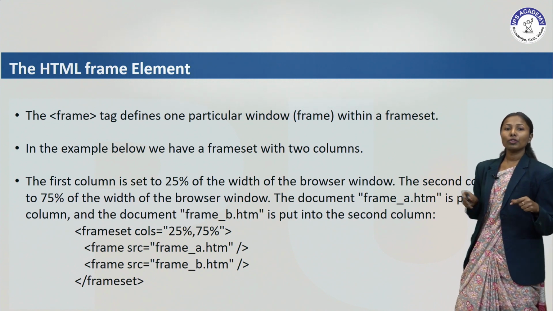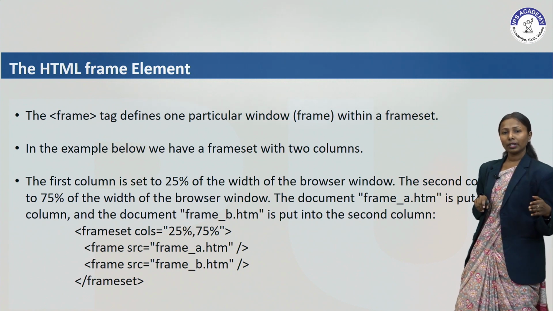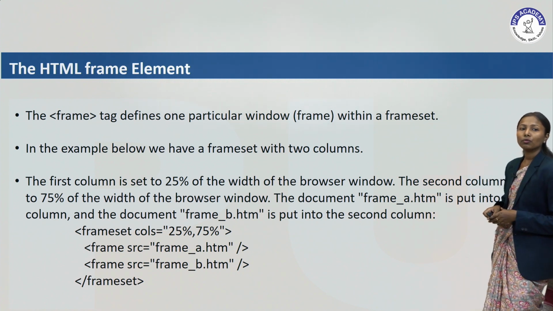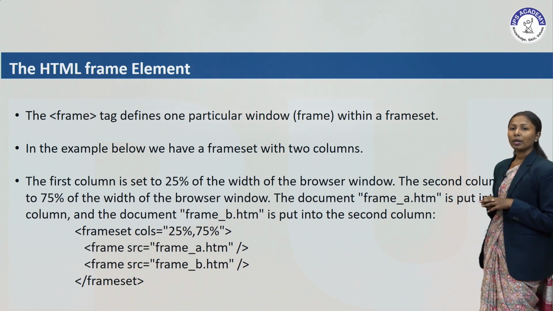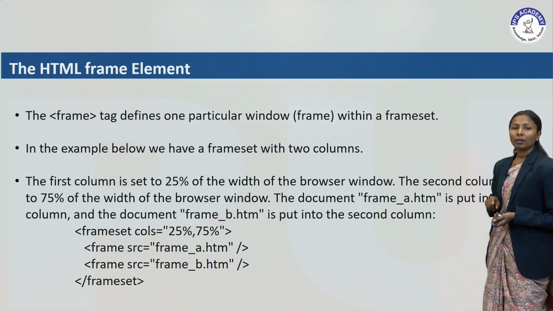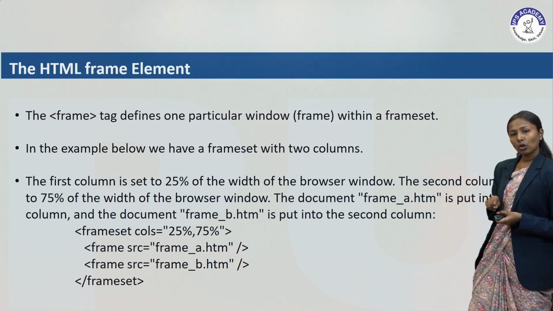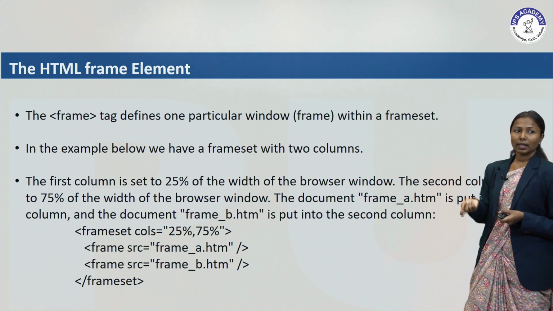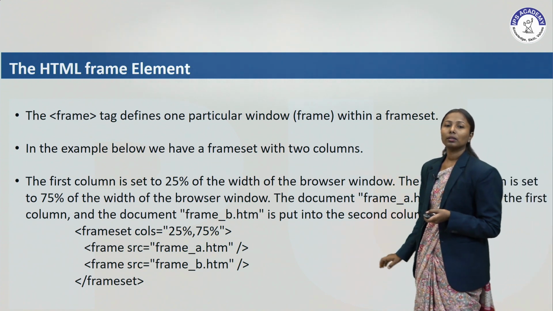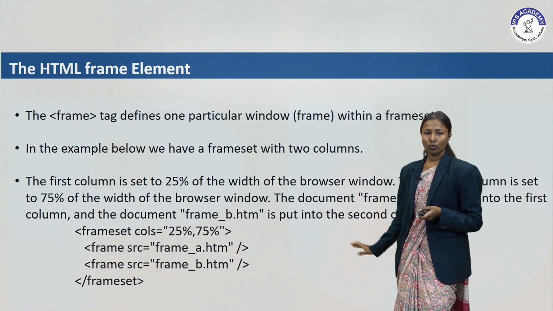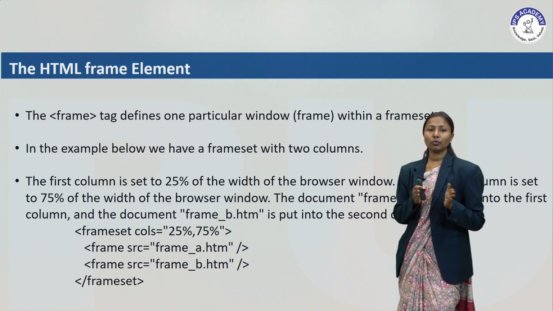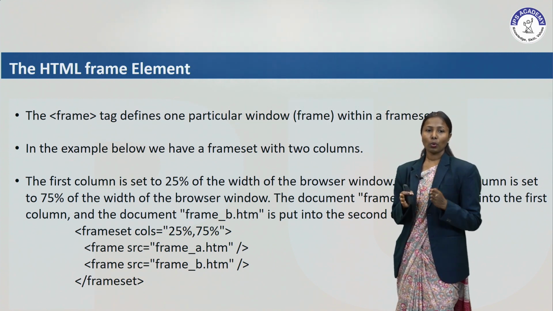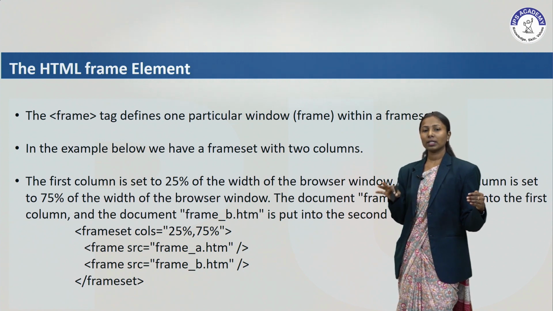So in the example below we have a frameset with two columns, right? The first column is set to 25% of the width of the browser window, and the second column is 75% of the width of your browser window. The document frame_a.html is put into the first column, and the document frame_b.html is put into the second column, right? So I am writing here the code for the frameset. I have divided my browser window into two parts, one is 25% and another one is 75%.